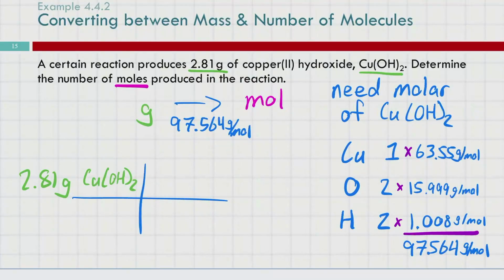Are we going to multiply or divide by our molar mass? We're going to divide. We need the grams, which goes along with the number, to be in the denominator on the bottom. So we're going to divide by that number. And that will flip the moles up to the top.